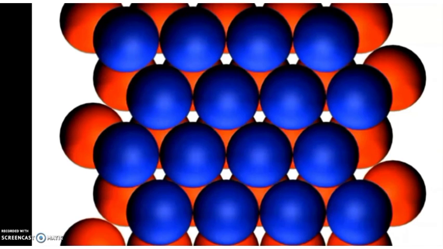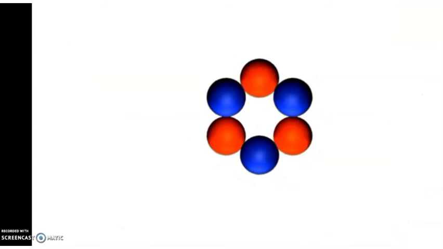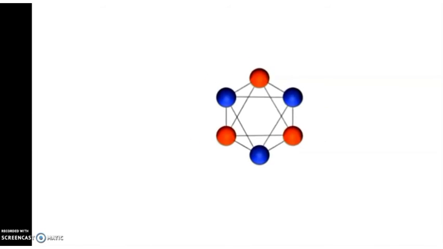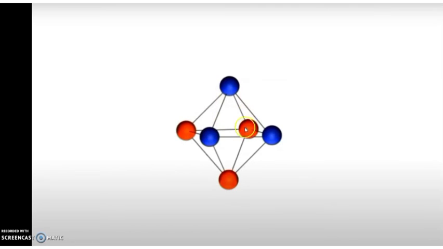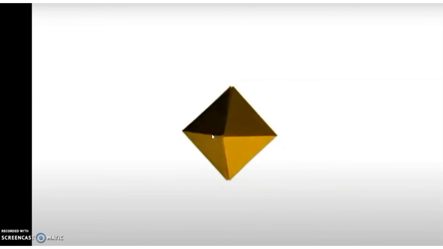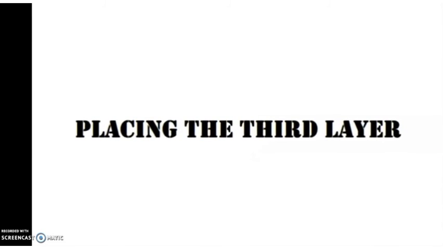This is the tetrahedral void. And how is the octahedral void formed? If you put the layer above the 3 atoms, we'll get an octahedron. So this structure is an octahedron, and that type of void is known as an octahedral void.